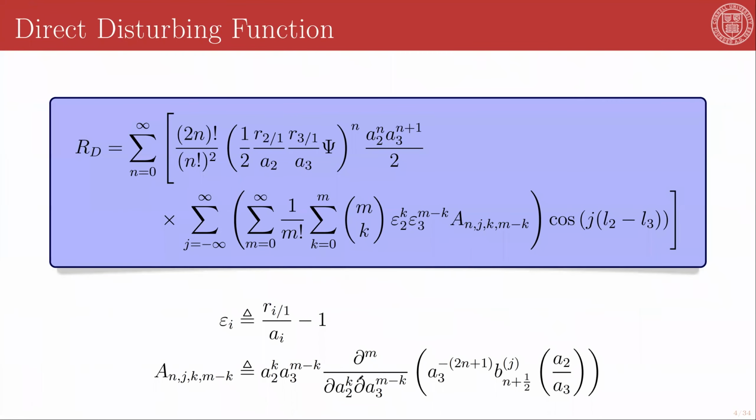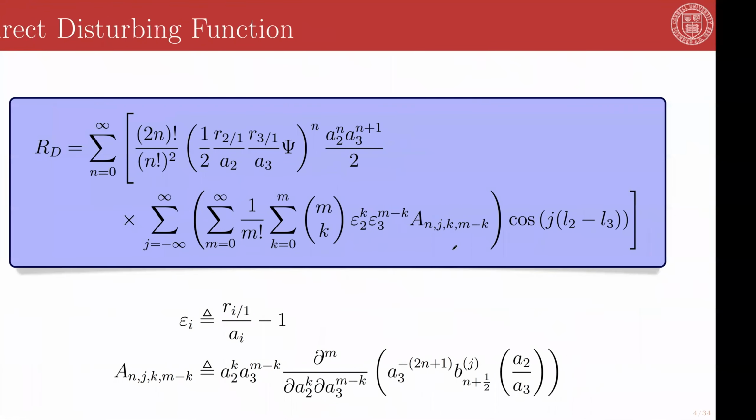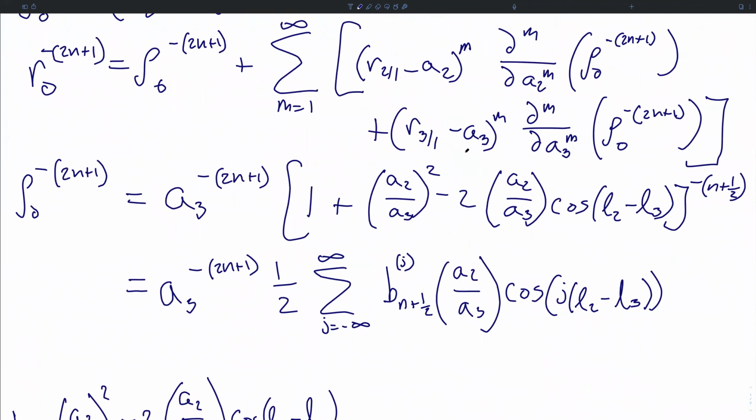These coefficients are what is mapping us back to this expression here, this infinite summation over m in the mth partials of rho naught to the negative 2n plus 1. This in turn gets replaced by this series, and so here we see the various orders of the summations.